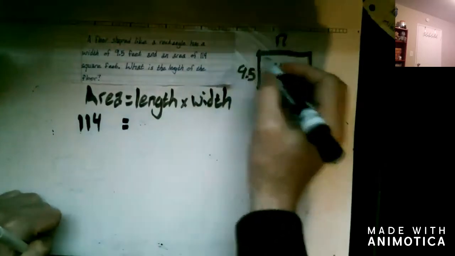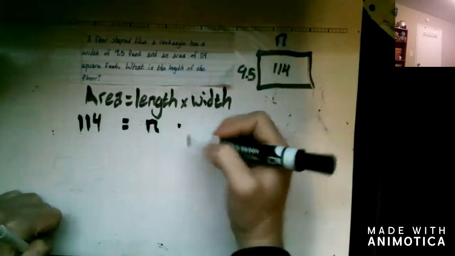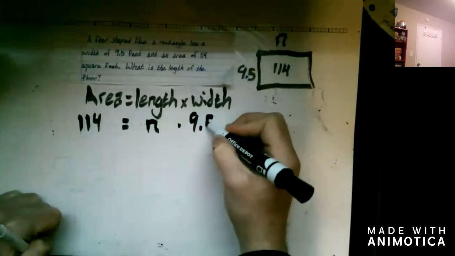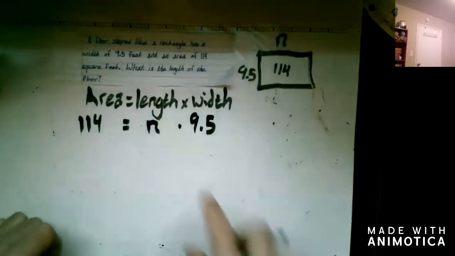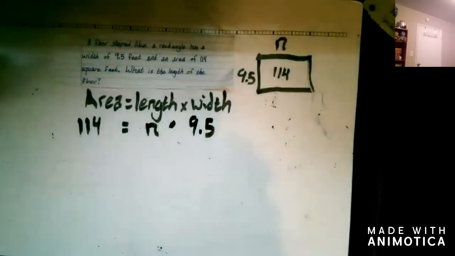Equals length, which I do not know, n, times width, 9 5/10. So here, let me move that multiplication a little higher up so it does not look like a decimal point.